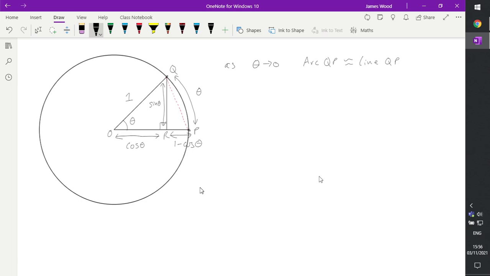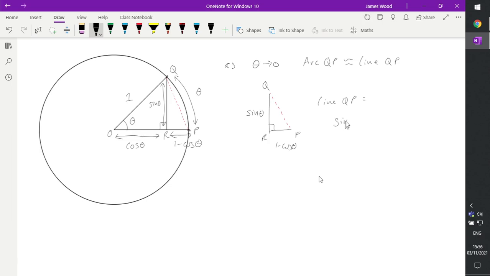That bit in there. Well, now I can find length Q to P if I draw this right angled triangle out. Like that. So this is point R, this is point P, and this is point Q. We said this length was sine theta, and this length was 1 minus cos theta. So line Q to P, we can use Pythagoras, because right angled triangle.